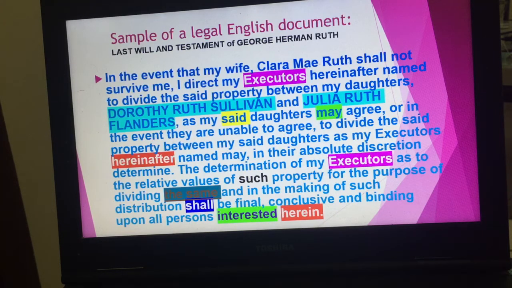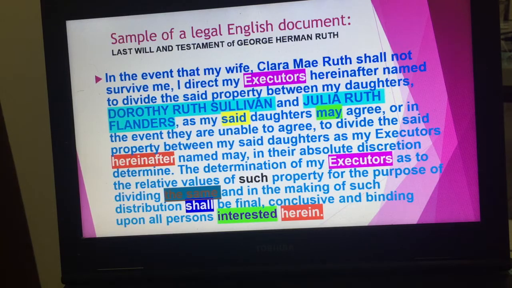So this means that if they die or they don't want to be executors of my will, then my executors herein named, meaning my daughters in this document from now on, may in their absolute discretion, according to their discretion, it's final, determine. It is what they determine.